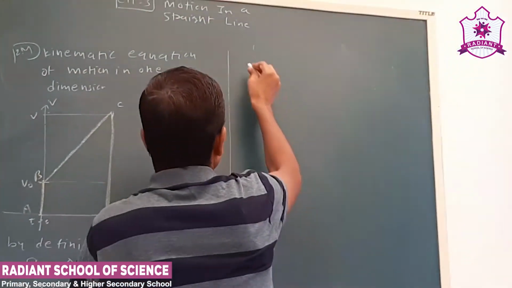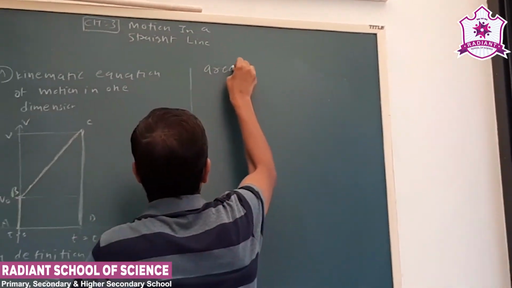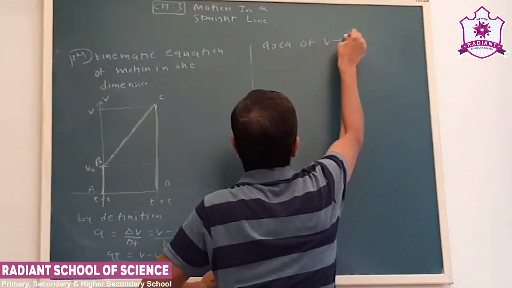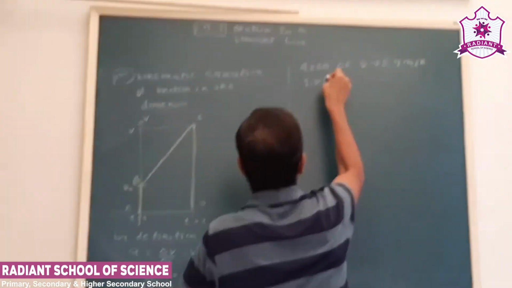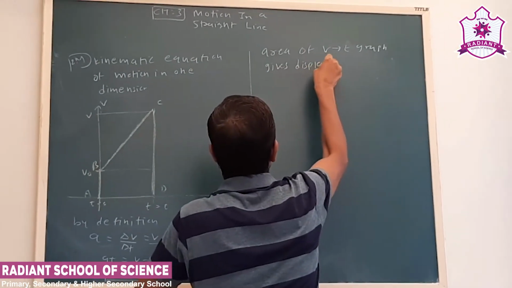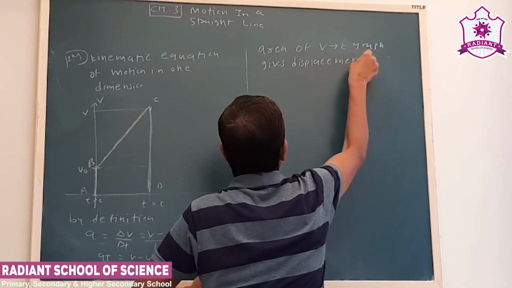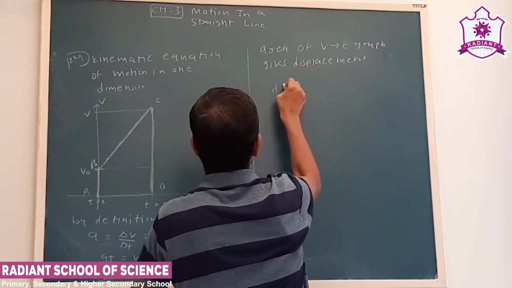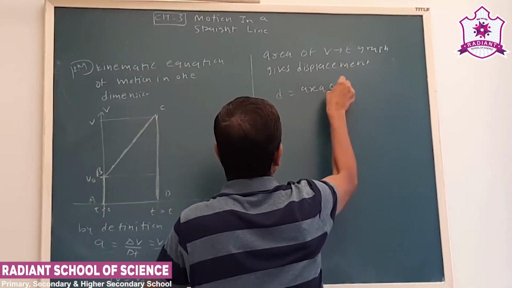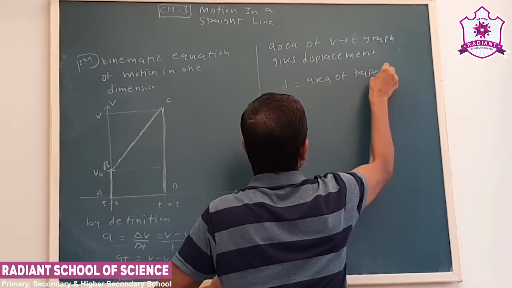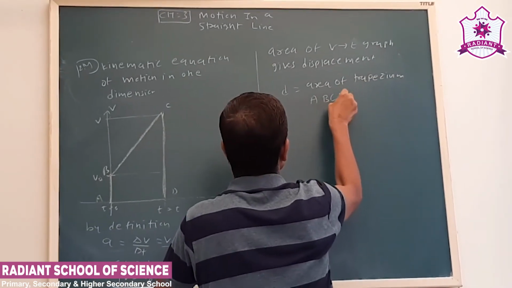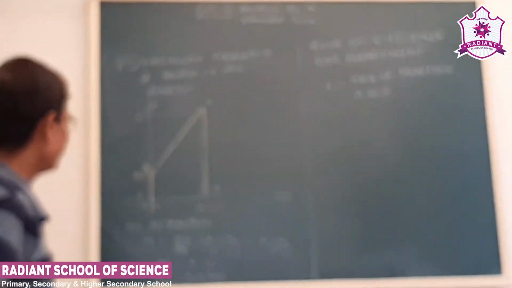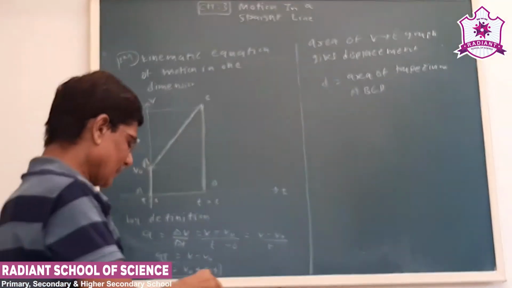Now displacement here is the area of the v versus t graph, so displacement is the area of trapezium ABC. What is the formula for the area of a trapezium?